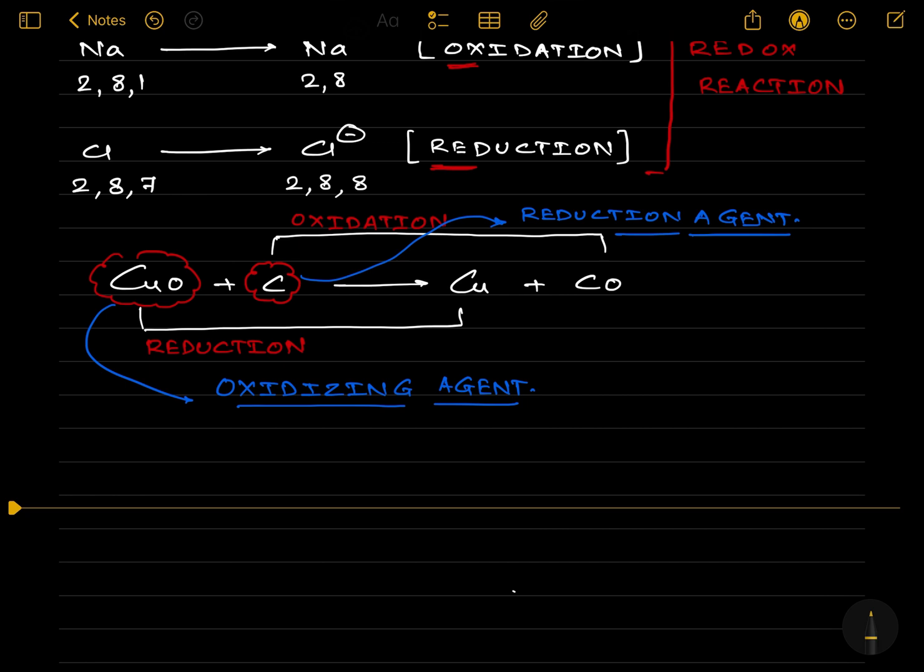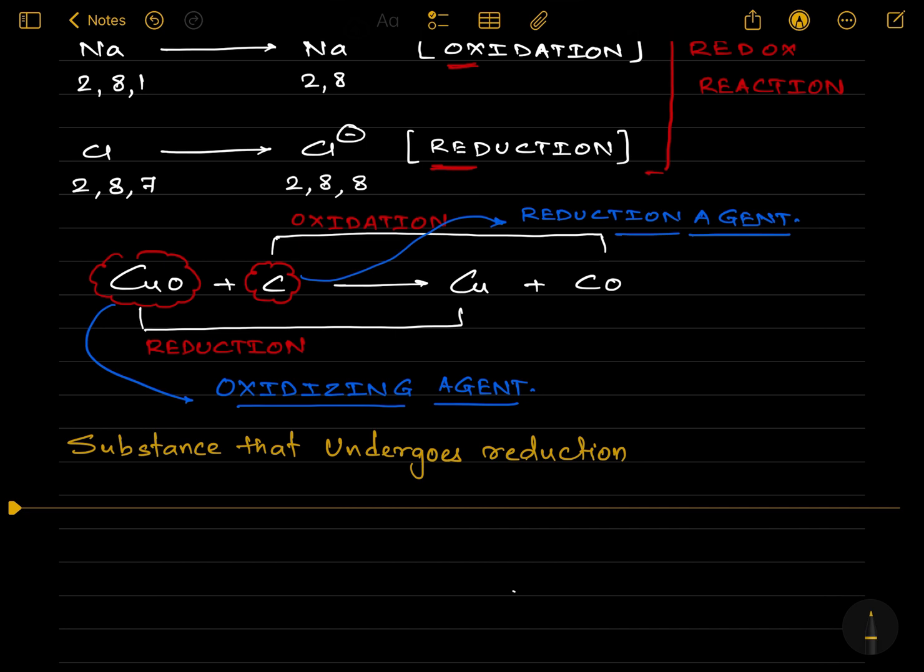An oxidizing agent is a substance that undergoes reduction, because it's an oxidizing agent, it's undergoing reduction.